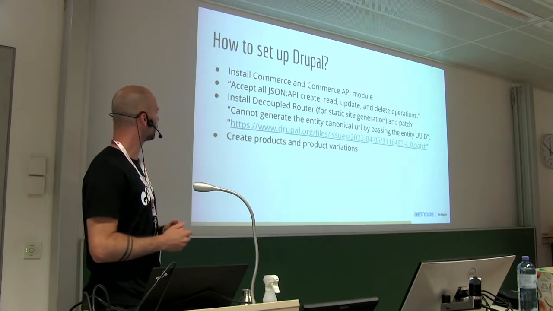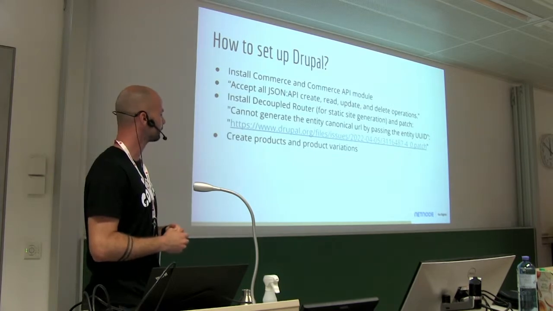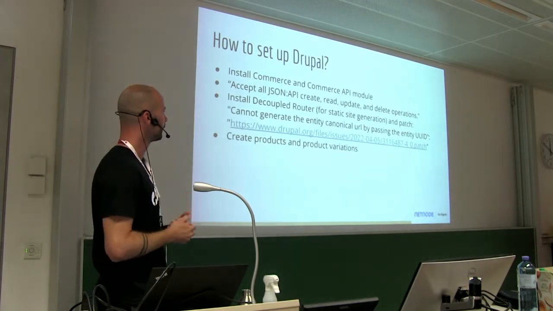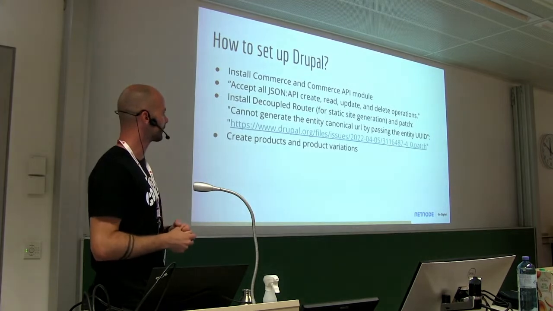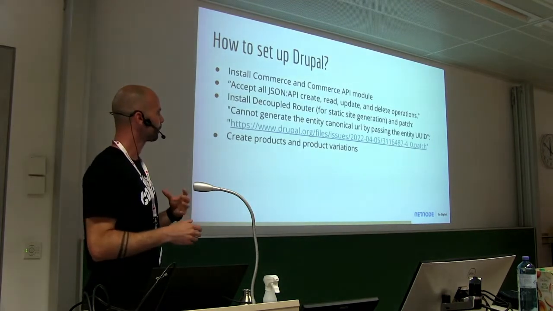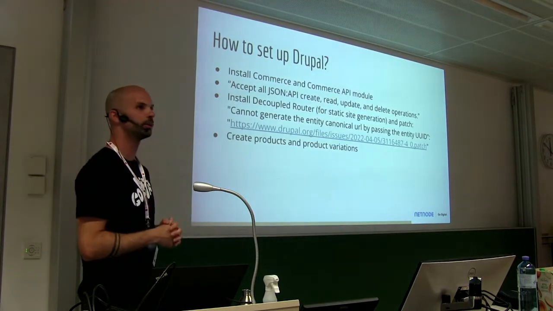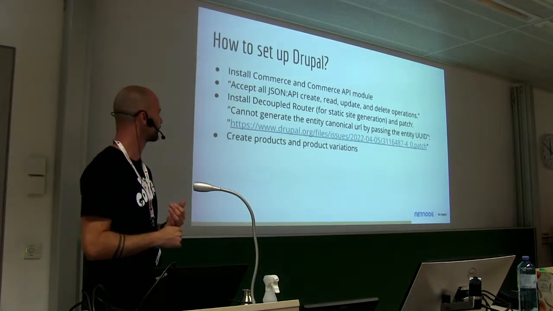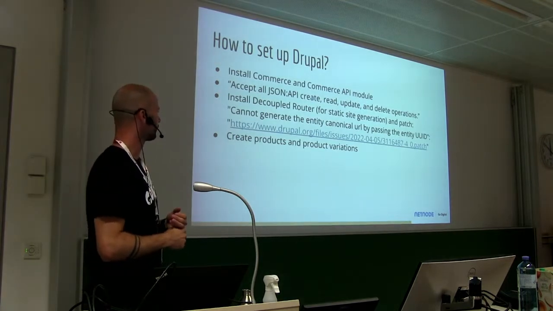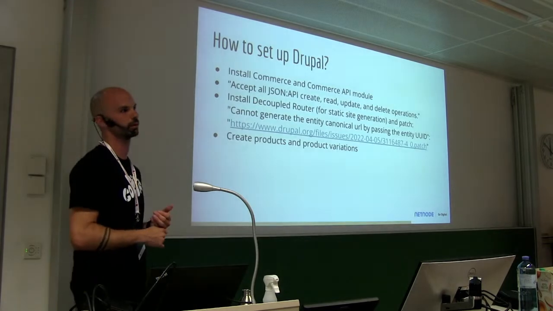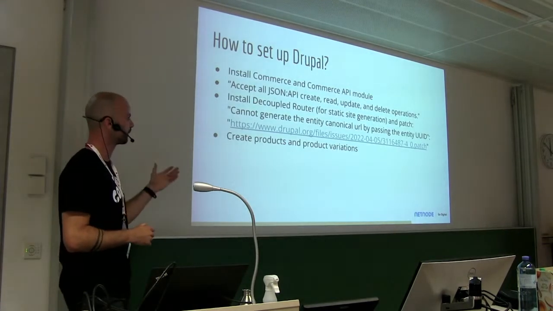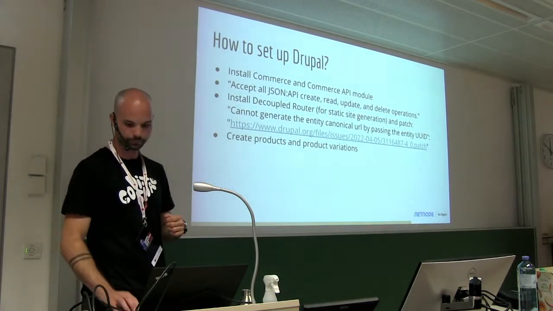And we are also using the decoupled router for the static site generation. And for our prototype, I had to apply this patch because there was some problem with resolving the UUIDs for product entities. And then you can already start using the Commerce module and set up your products and product variations.